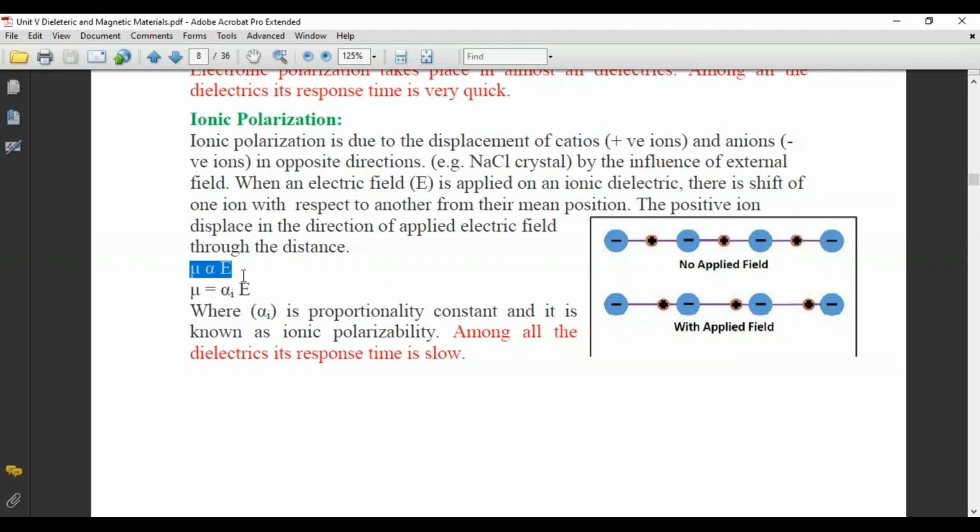Mu proportional to E, mu equal to alpha I E, where alpha I is the proportionality constant known as the ionic polarizability. And among all the dielectrics, response time is very slow. It takes some time to respond. As soon as you apply the field, it takes some time to act on that. That's why it is called the response time.